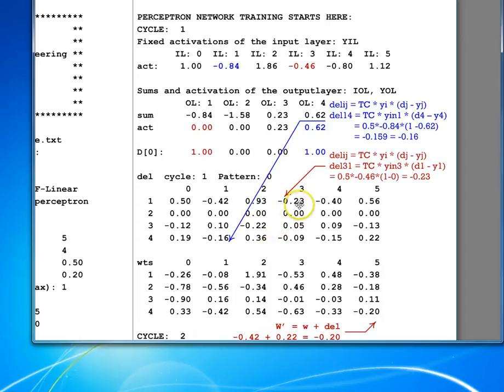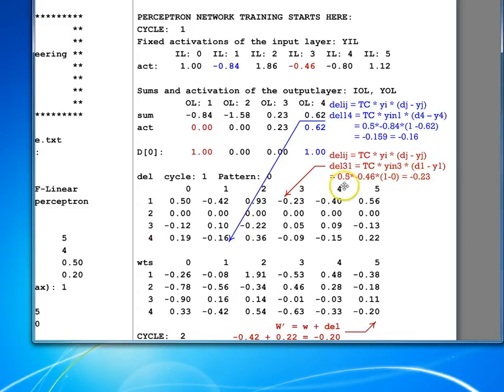Similarly, if you look at the weight change you want to make, for example for the element from 3 to 1, delta of ij, where i is 3 and j is 1, equals yn of 3 times (d1 minus y1).